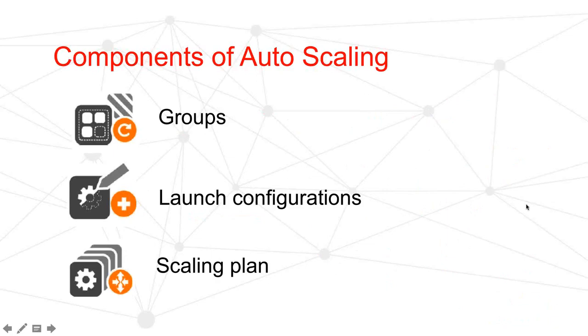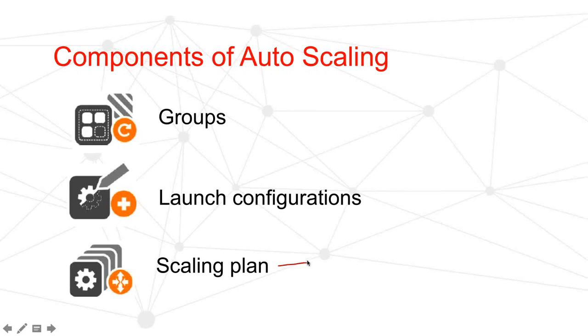Apart from that, we have the scaling plan. Anything that we want to apply requires a soundproof plan. If a plan is not good, then your architecture would be a big mess. Scaling plan means I need to define some policy on how these groups will come into action.